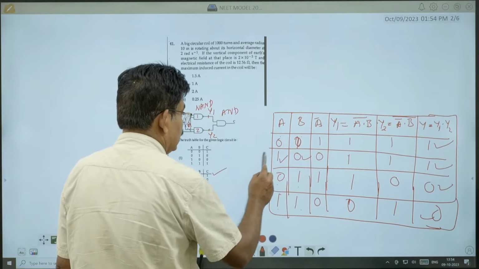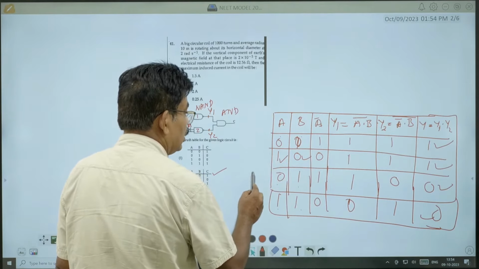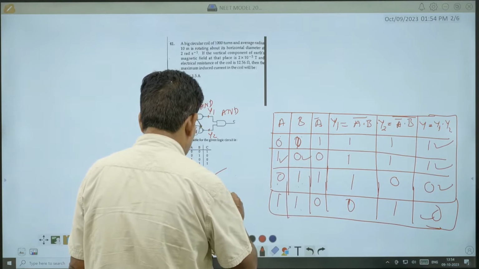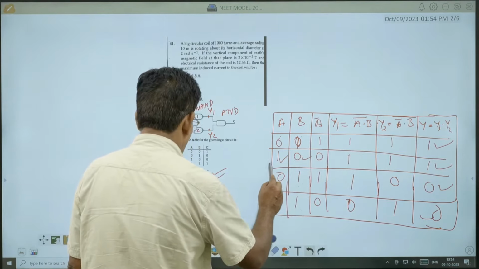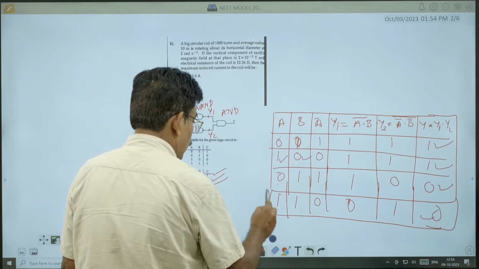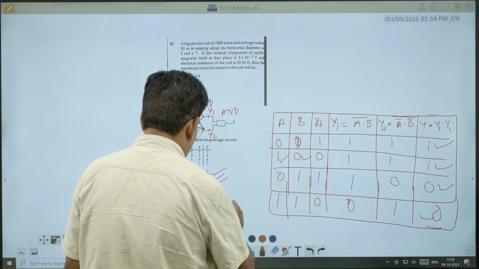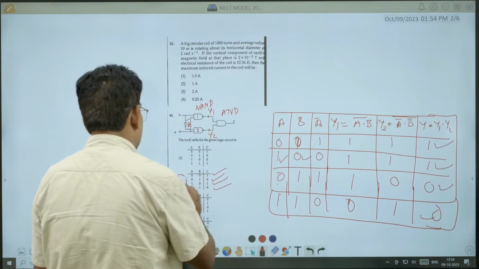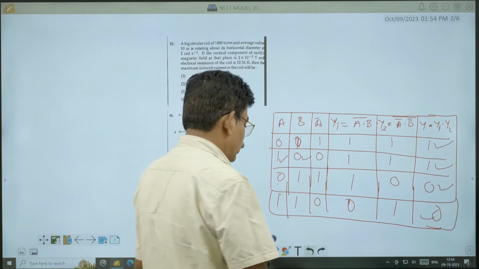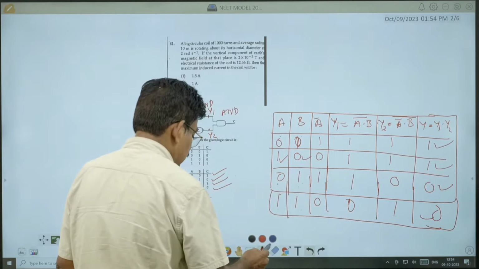Then 0, 1, 0 is correct. 1, 0, 1. Correct. 1, 1, 0. Correct. So 2 is the correct option for this. So we have to work out systematically, then only we'll be getting it. Okay. So answer is this.